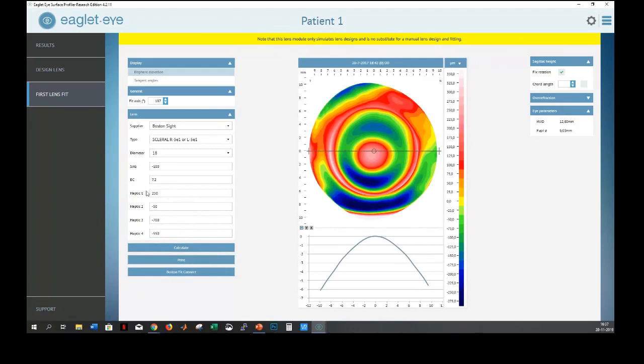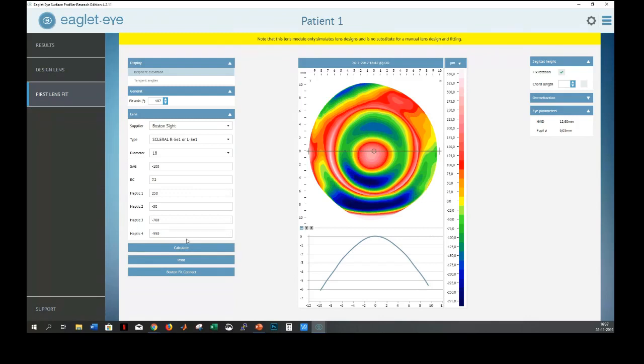The base curve is predicted, and 4 haptics, so 4 landing zones. The haptic 1, which is on the top, it says go 250 microns flatter. For haptic 2 on the right side, go 50 microns steeper.